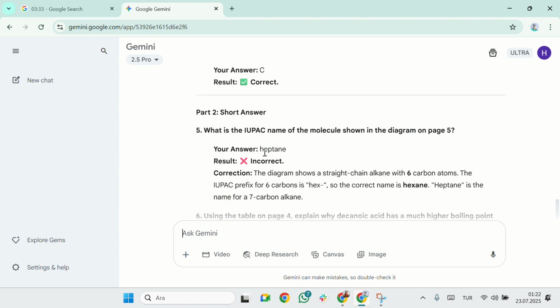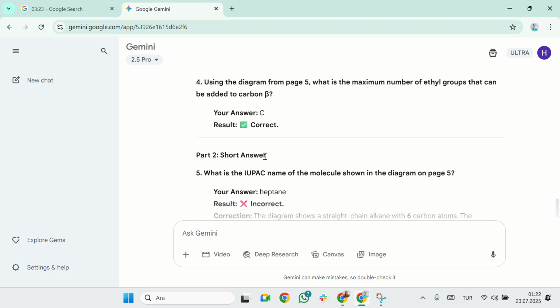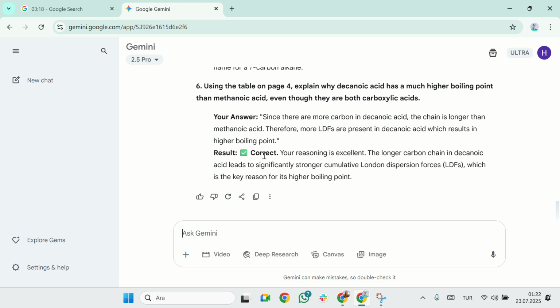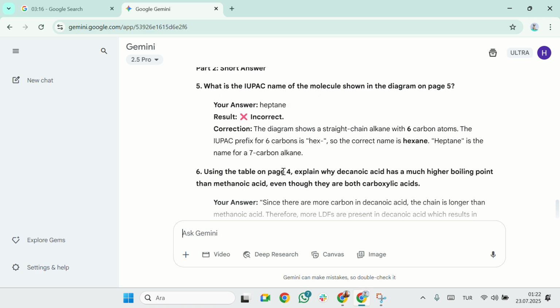Okay, methane, ethane, propane, butane. Okay, what was the thing for 5? Hexane. And then heptane.